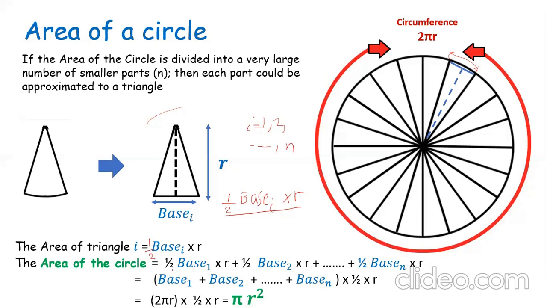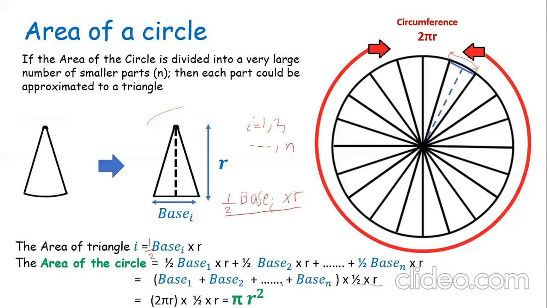Now, since half is a constant, we can remove it out. Also, r is fixed, so we can remove it outside of the brackets, and inside the brackets we will be left with base 1 plus base 2 plus we continue until plus base n.